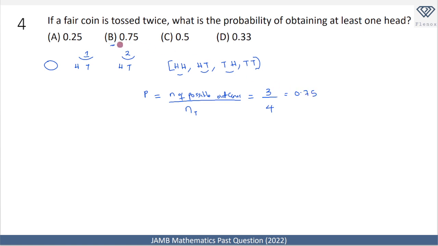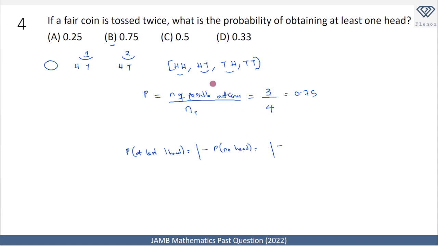Now, another approach to solve this question is to make use of the idea of the complement. The probability of at least one head is the same thing as 1 minus the probability of no head. And what is the probability of having no head?